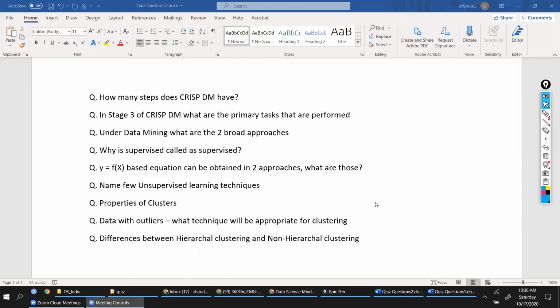Number of clusters is known. Okay, good. In hierarchical clustering, we go with a natural flow. The grouping happens, the hierarchy is created first. And we do not know what is the cluster number or what is the cluster size, right?